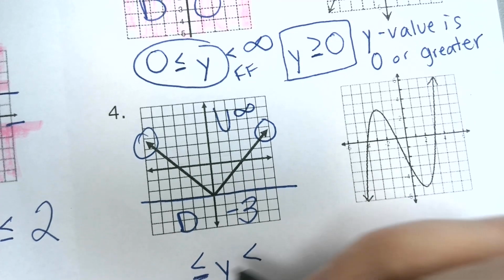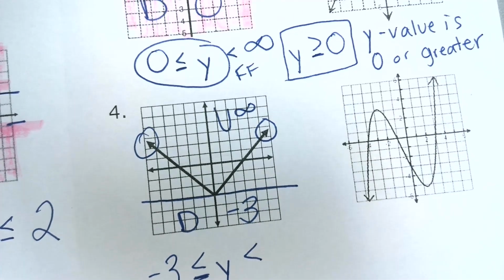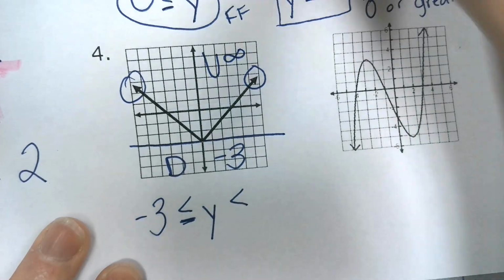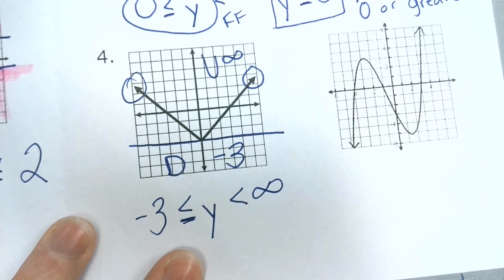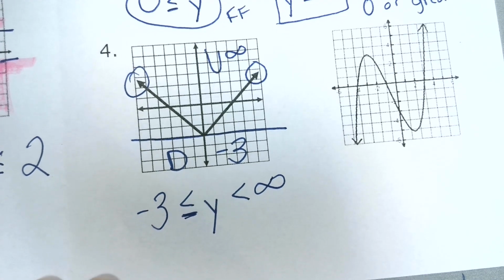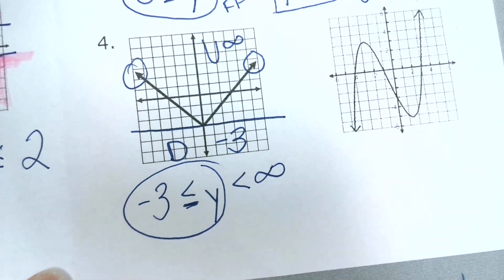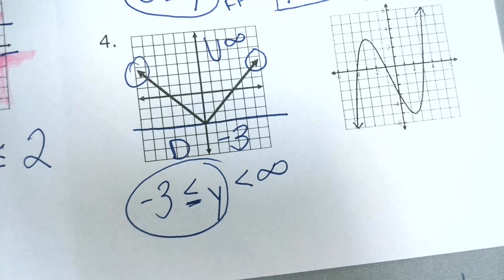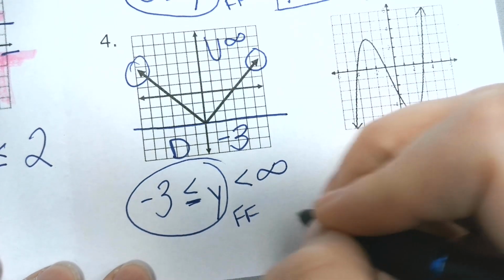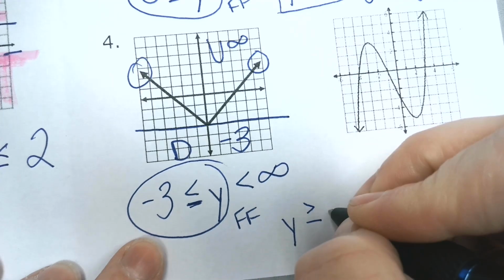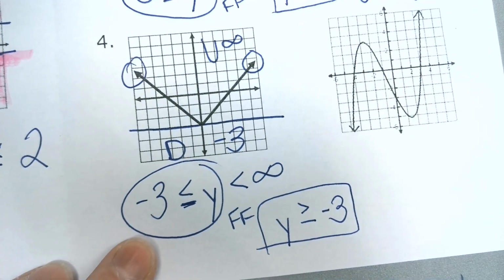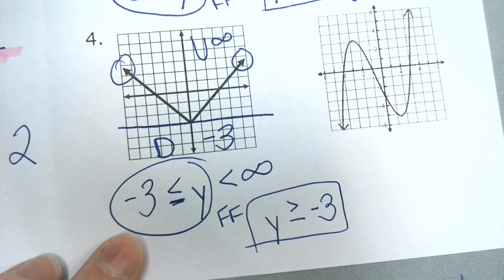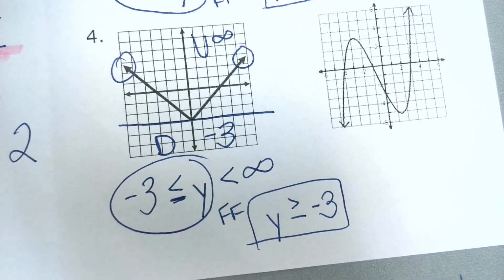So we're going to have the or equal to on the -3 side because it actually goes through that point, -3. Then we have the infinity here. We want to do a flip-flop there. So y is greater than or equal to -3. So it's at -3 or greater.